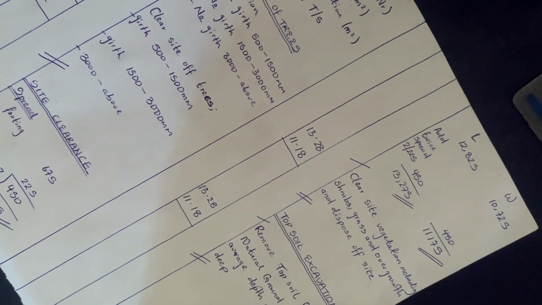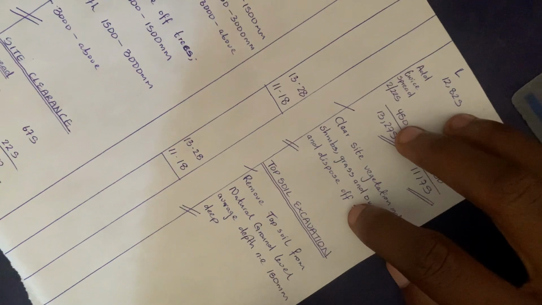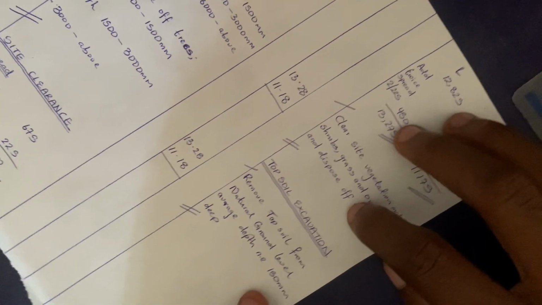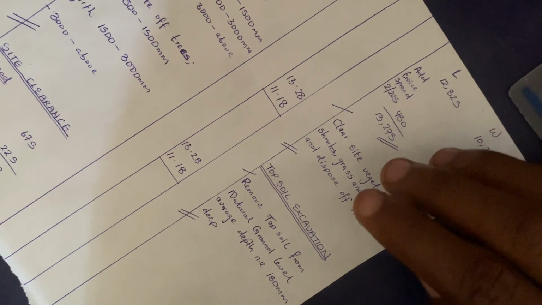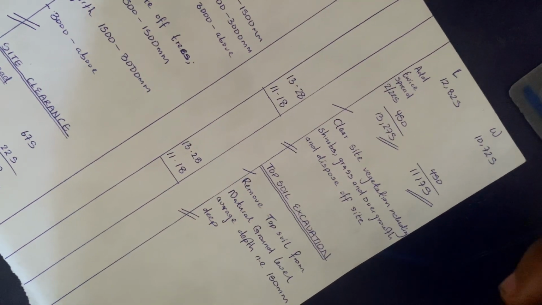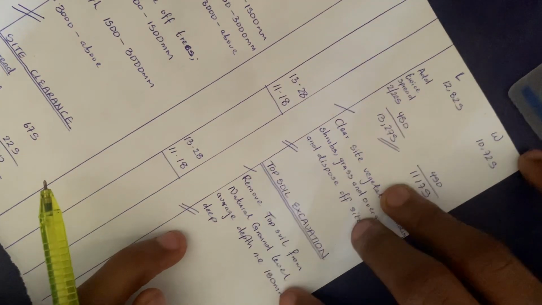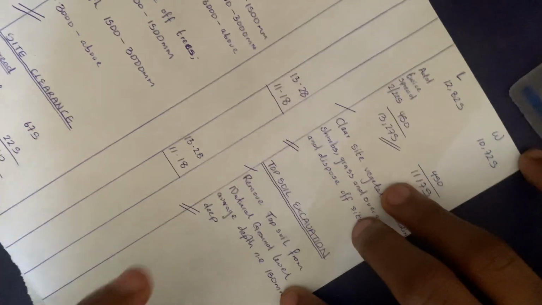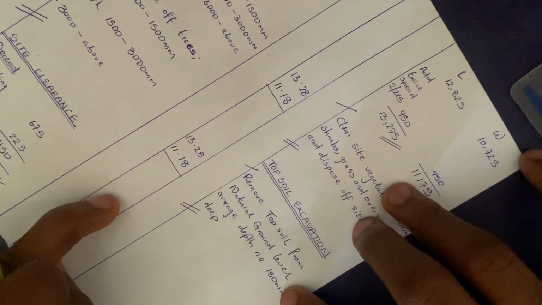However, we are not yet done. After removing this topsoil, we are also going to dispose this topsoil from the site. Now, there are two ways to book for disposal. After you finish measuring for topsoil, you come down here and write disposal of topsoil, and then describe again, and then bring this measurement down here.